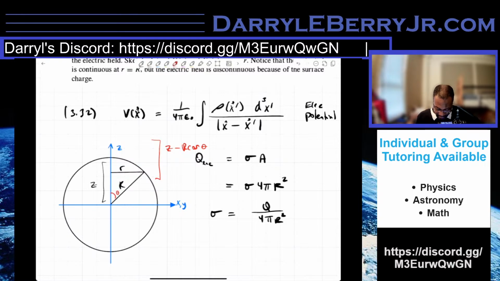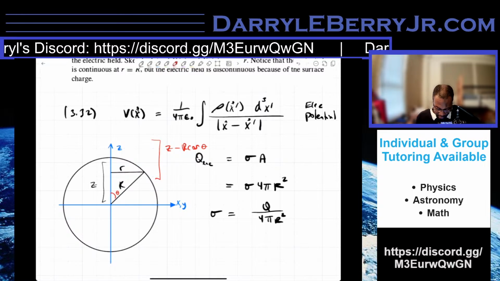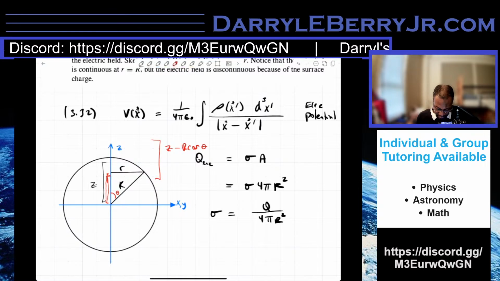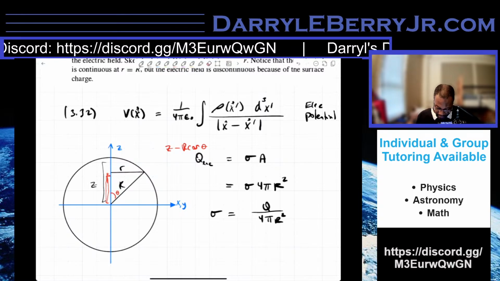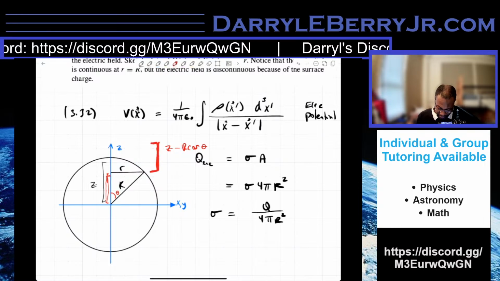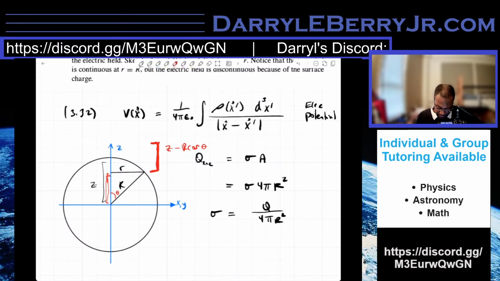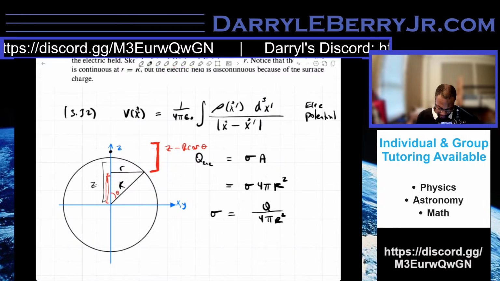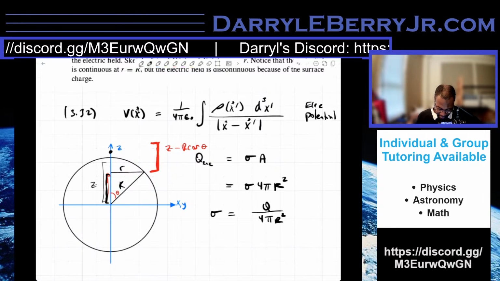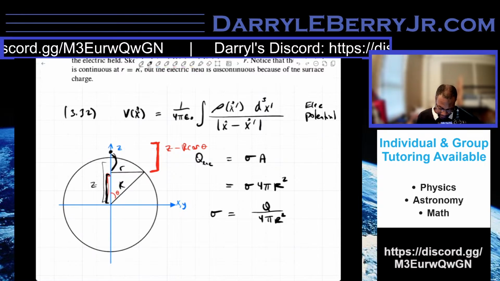I'll make this theta right here. Our cosine theta is here, and this distance above that will be z minus r cosine theta. If I pick the point here, for instance, that's z, then I minus this distance here, r cosine theta, and then I end up with the distance here above that point.